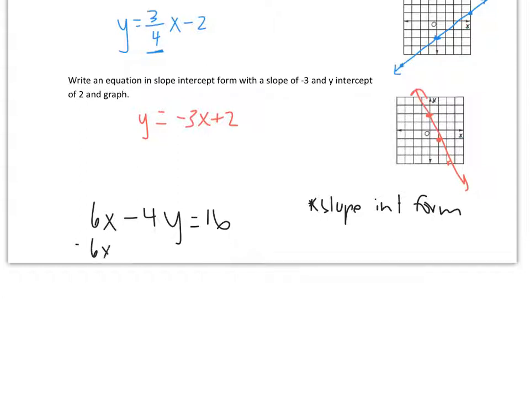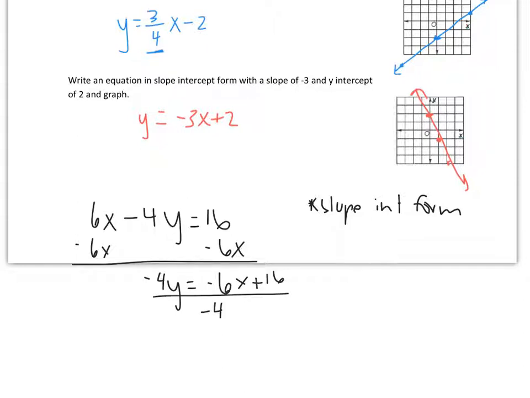So to do that, I would subtract 6x and get -4y equals -6x plus 16, then isolate y by dividing everything by -4. So I would get y equals -6 over -4 simplifies to 3/2, and 16 divided by -4 is -4. So then I could graph this line, and it would be a bit easier to graph.